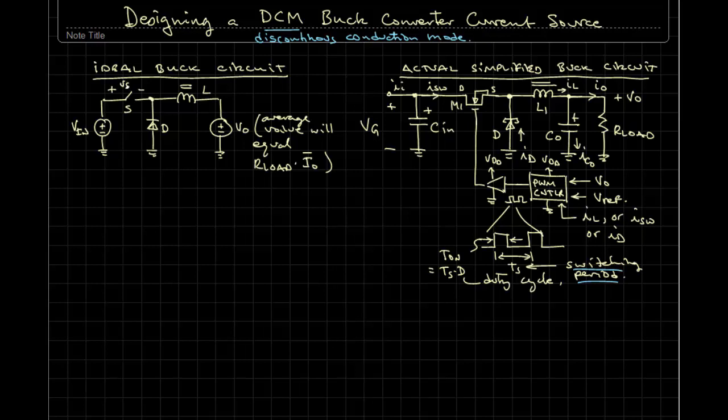So let me label some voltages, some current. So we have V_switch, the voltage across the switch. We have V_D, which, notice this is equal to minus V forward, which typically has an opposite polarity, right? But I'm going to label it V_D in this manner. And then we have V_L, and we have I_L.